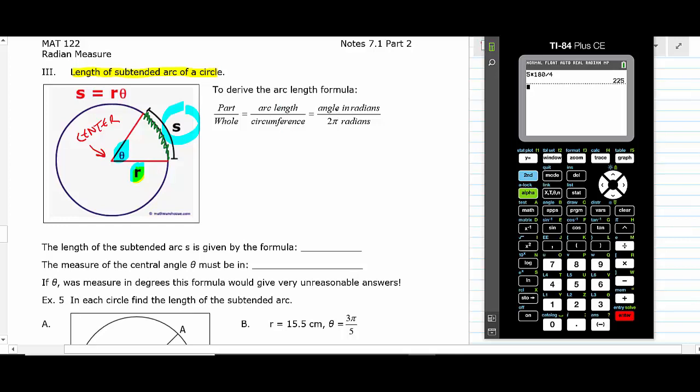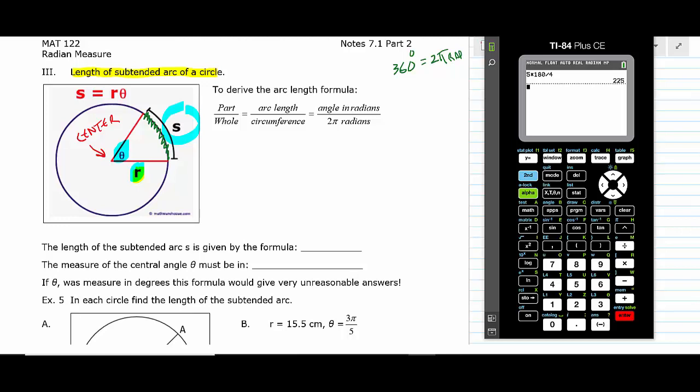And then the angle in radians is going to be theta compared to 2 pi. Why 2 pi? Because 2 pi is the whole way around the circle. We know all the way around the circle is 360 degrees or 2 pi radians. So we're going to fill this in.